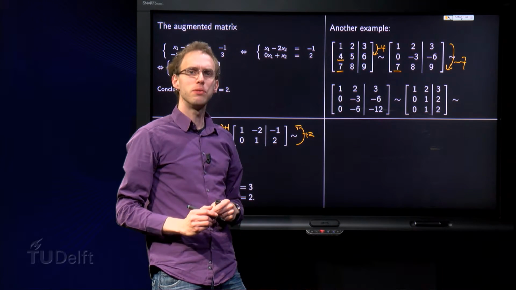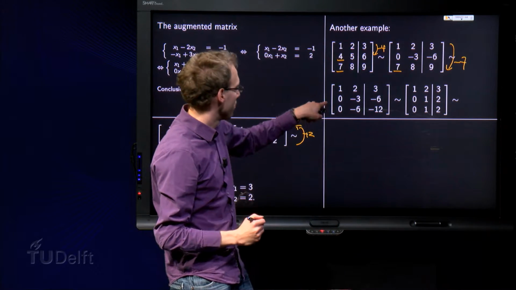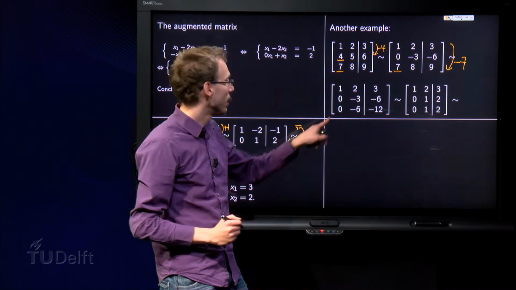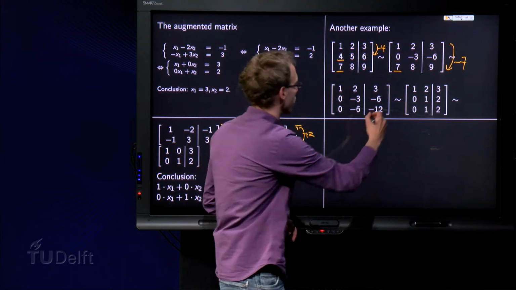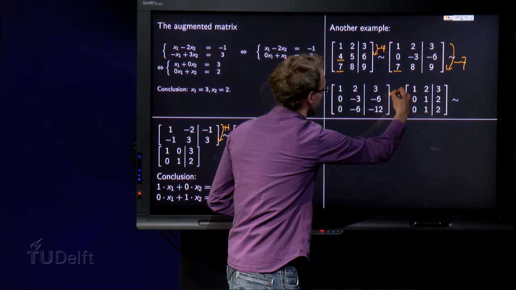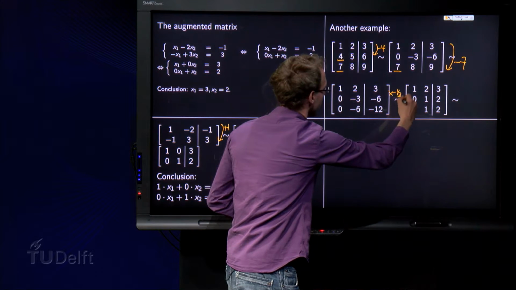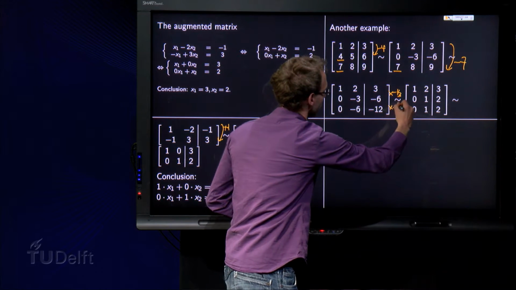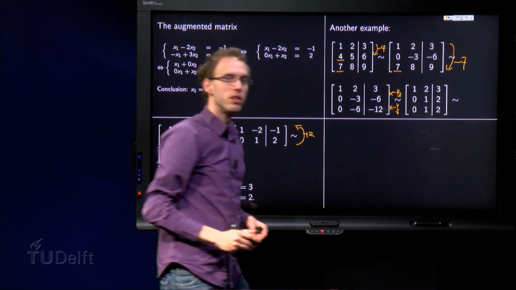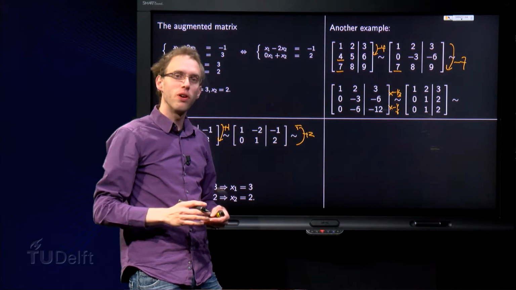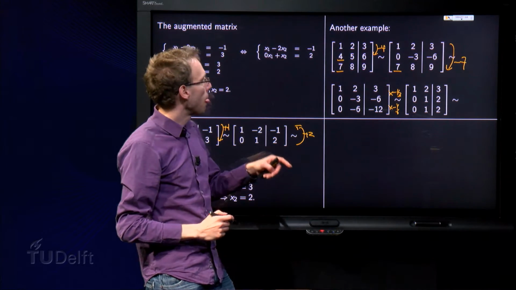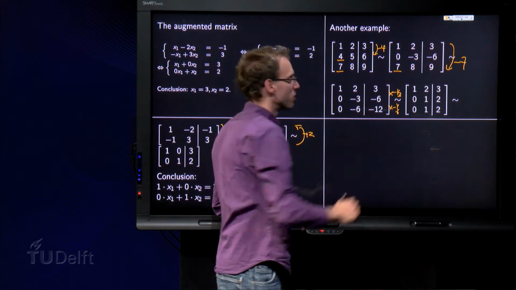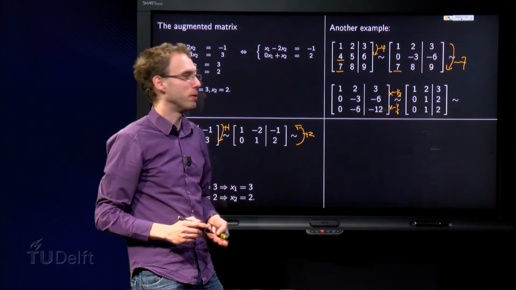Now it's time to clean up some mess. We see here factors of 3, here factors of 6. So it's convenient to multiply here with minus 1/3, multiply here with minus 1/6. So the numbers become a bit smaller and we don't have fractions. And as you see, both rows become the same. Well, that can happen.